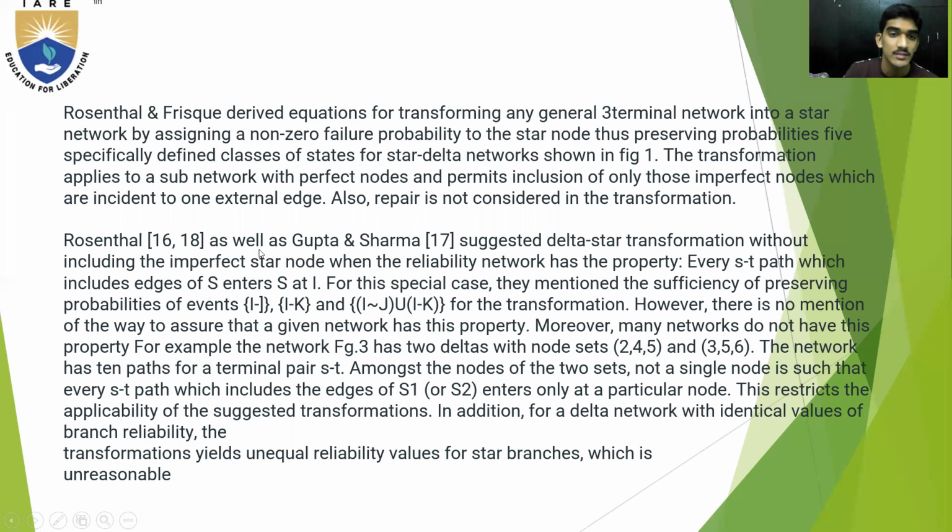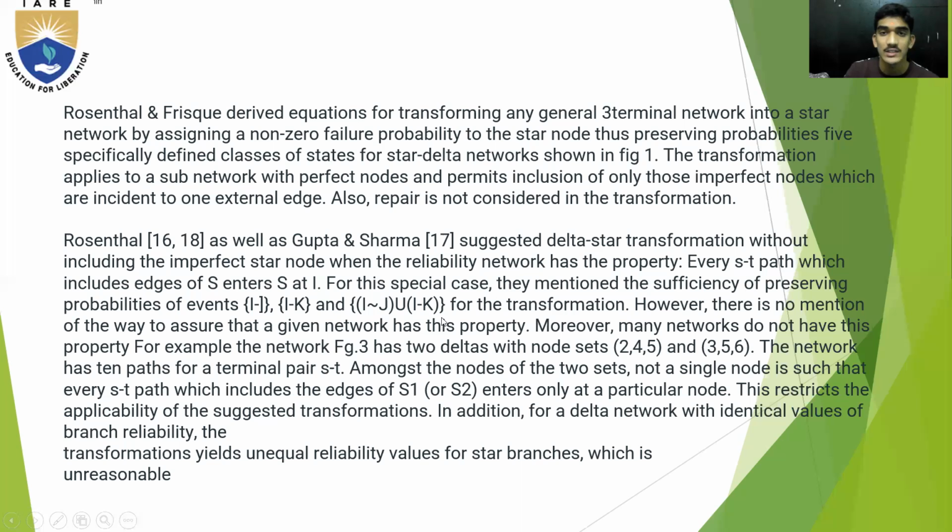Rothenthal as well as Gupta and Sharma suggested delta-star transformation without including the imperfect star node when the reliability network has the property that each S-T path which includes an edge of S enters S at i.